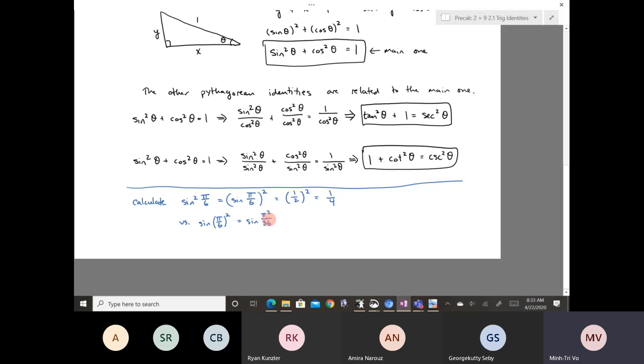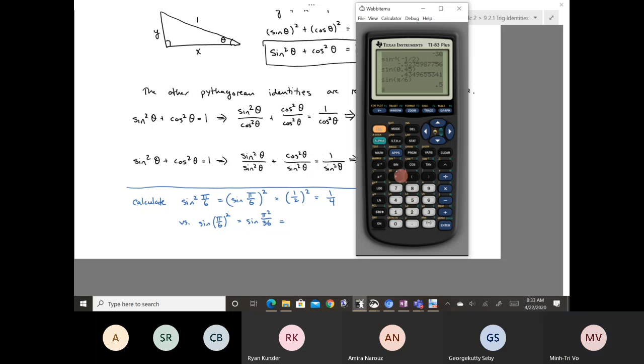This part is being squared first, and then now we do the calculation. It's sine of pi squared over 36, and if I calculate this, it's something completely different.